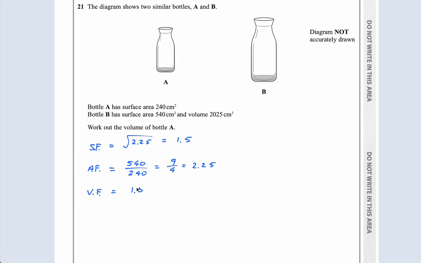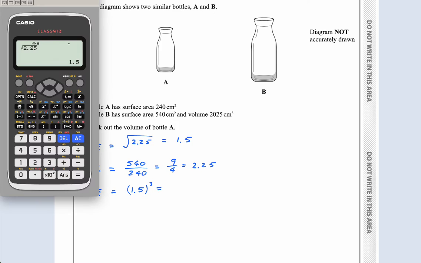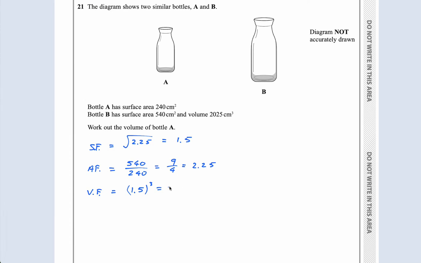Then, once you have the scale factor, you can get the volume factor. It's 1.5 cubed. So remember, scale factor squared is the area factor, and the scale factor cubed is the volume factor. So what's 1.5 cubed? Well, it's 27 over 8, or 3.375. Now, he tells us the volume of B. So to get the volume of bottle A, I need to divide by this, because bottle A is the smaller volume.